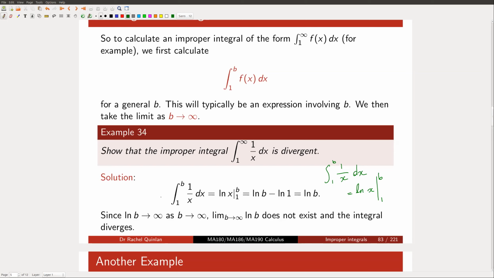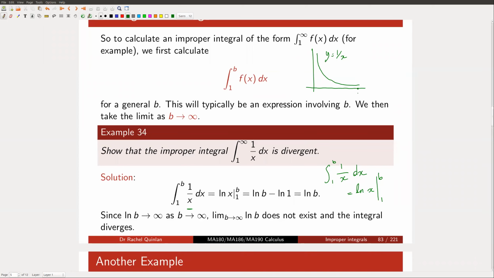If we take the integral of 1 over x from 1 to b, picture the function y equals 1 over x. The graph looks like this. The y-axis is there, the x-axis is here.